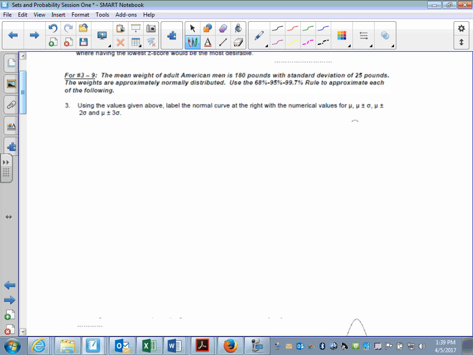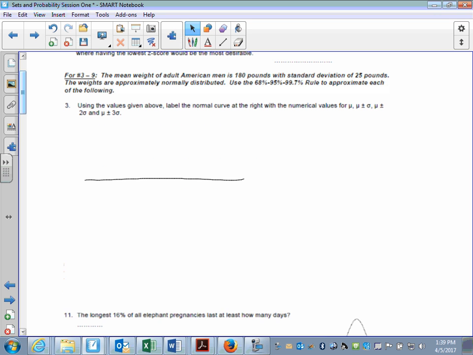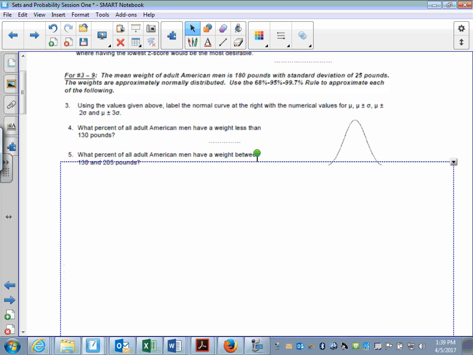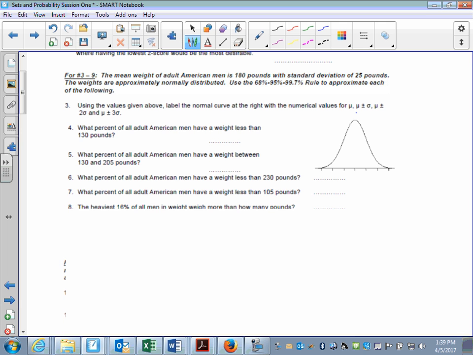All right, so here's a standard. Oh, did they give us a standard normal curve? They did. So we're just going to use this one over here. Now here's mu.